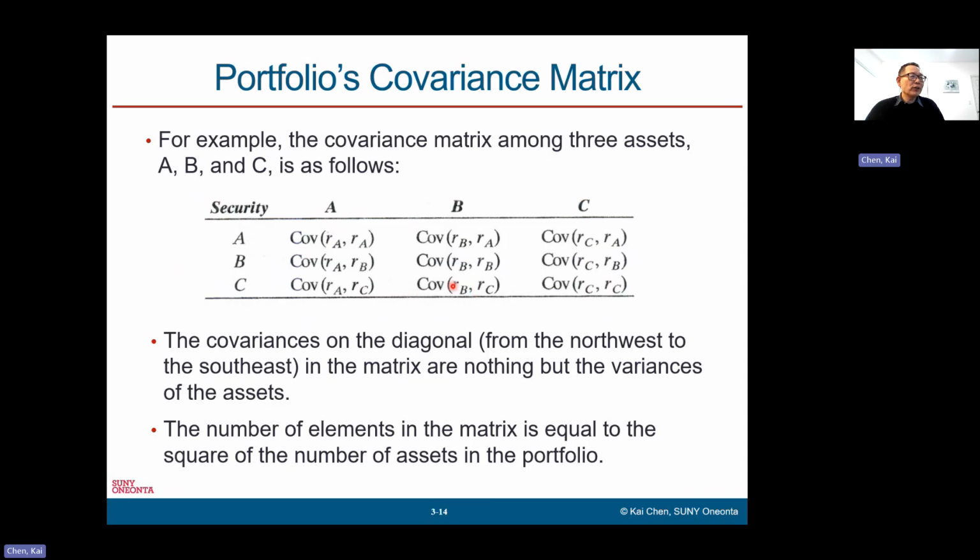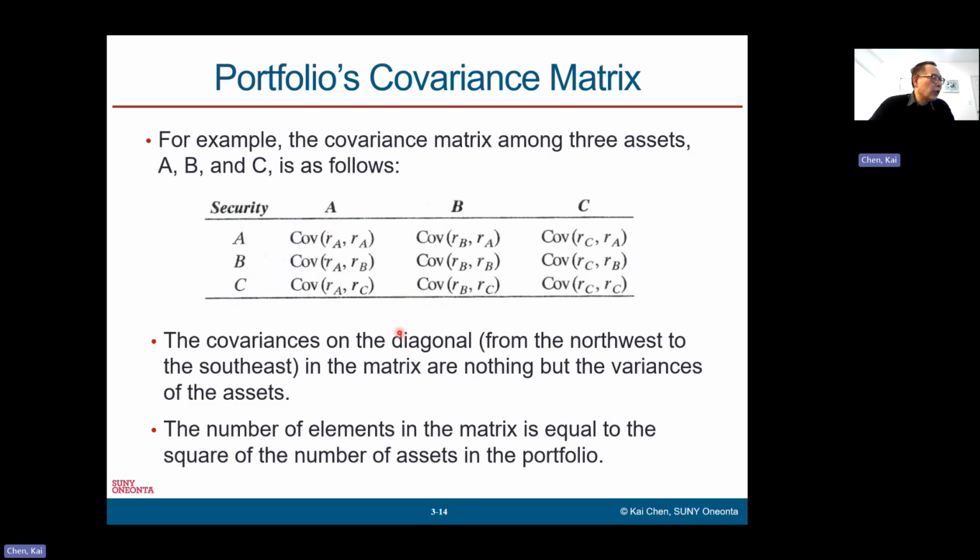For this one, that is element column B and row C. Symmetrically, we can find the corresponding element above the diagonal, that is column C and row B. These two covariances have the same value.